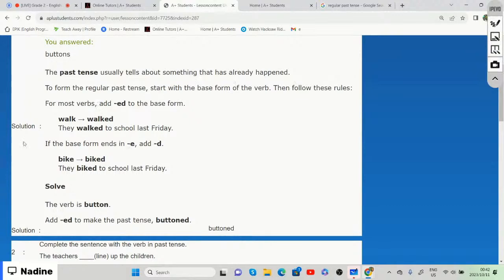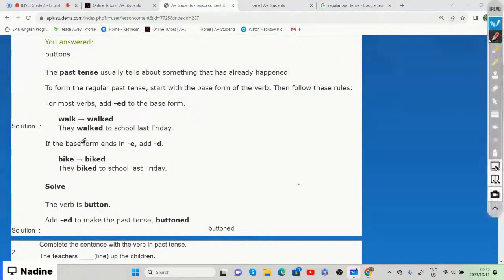If we form the regular past tense starting with the base word, remember, the base word is almost like the word that is currently in the present. Here they made an example of walk.